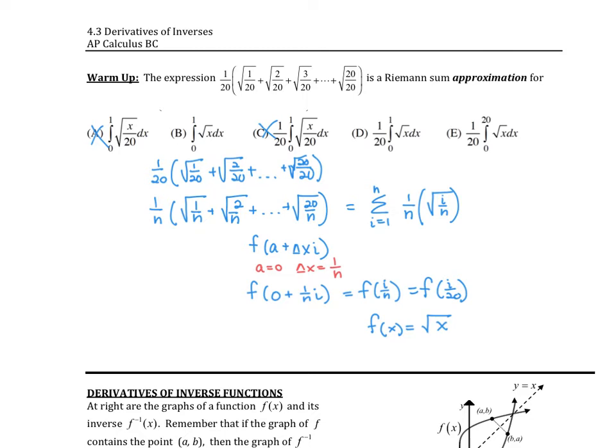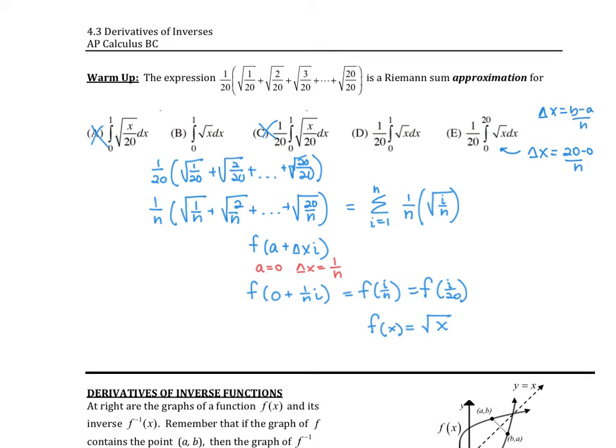problem E, or letter E, because if we look at letter E, we get delta x equals 20 minus 0 over n. Remember, our delta x equals b minus a over the number of rectangles.